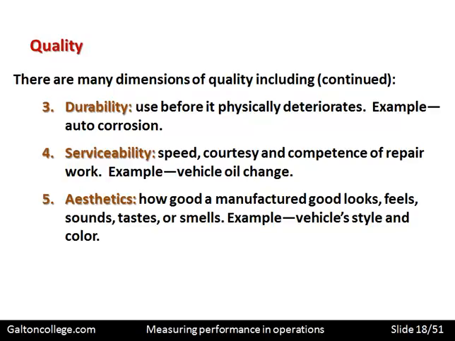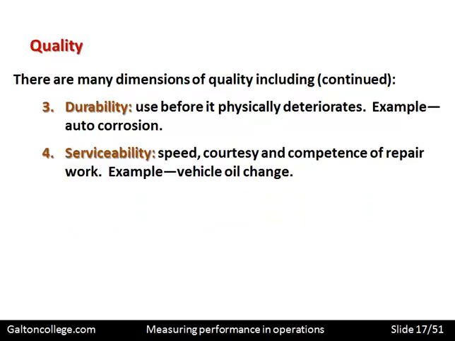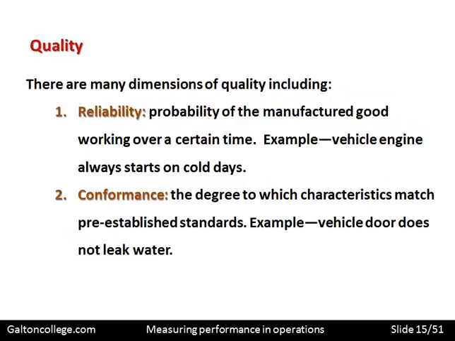It's aesthetics. It's the way it appears. How nice does it look? How appealing is the car? What's its aesthetics? So we can judge quality on various fronts. Durability, serviceability, reliability, conformance. So we have various measures of quality.